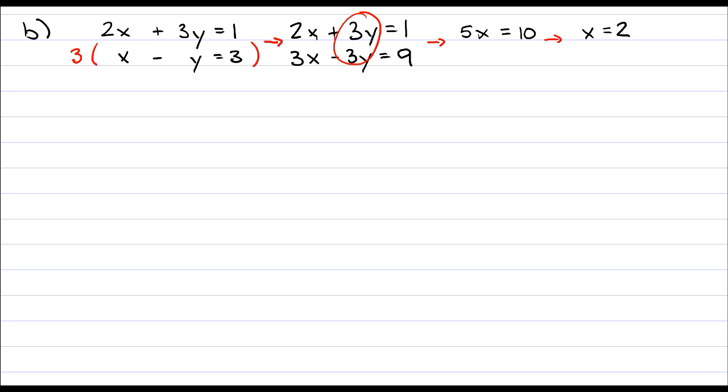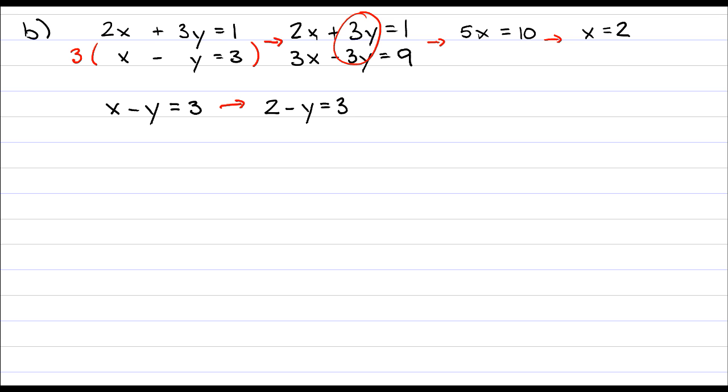Now I need to solve for y, and I can plug into either of the previous two equations. Looking at them, it looks like the second one's a little bit simpler, so I'm going to plug into that one. x minus y equals 3. The x I found was 2, so I have 2 minus y equals 3.